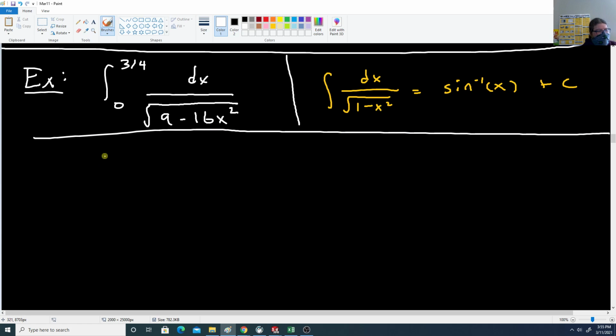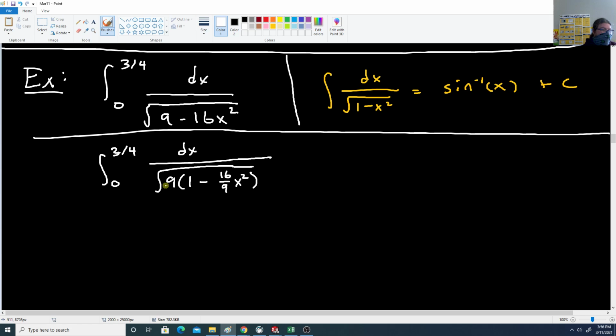First thing I need to do is algebraically pull out the 9 from the square root down there. So we get dx over square root of 9 times 1 minus 16/9 x squared, like that. Square root of 9 is 3, so I can push that 3 out front. Since it came from the denominator, it's going to be out front as a 1/3.